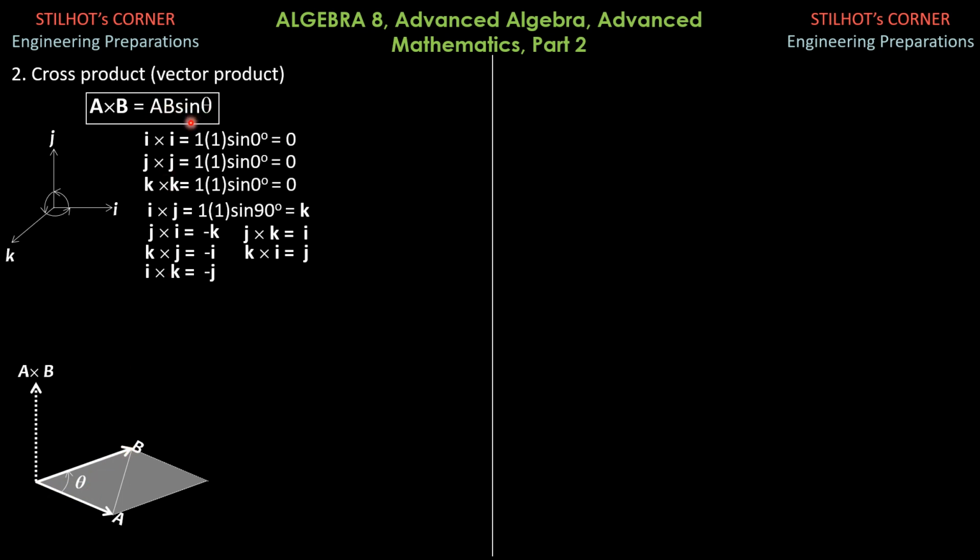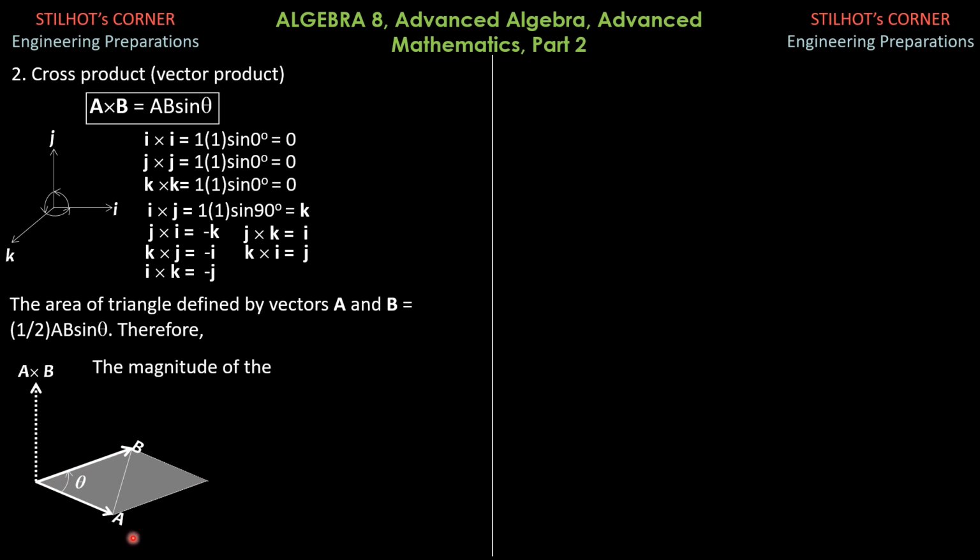If you multiply that by 2, therefore AB sine theta, which is the magnitude of A cross B, the magnitude of this vector, is geometrically interpreted as the area of this parallelogram. So the area of the triangle defined by vectors A and B is 1/2 AB sine theta, where B sine theta is the height. Therefore, doubling that area is the area of the parallelogram.